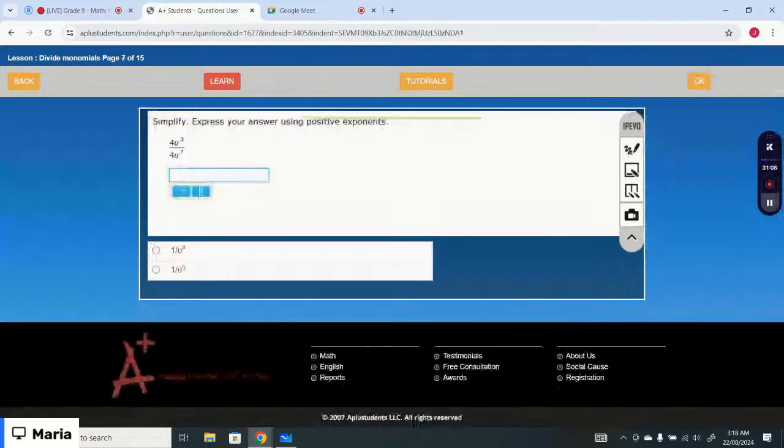Okay, the next one is 4u cubed divided by 4u 7. So which is the correct option?